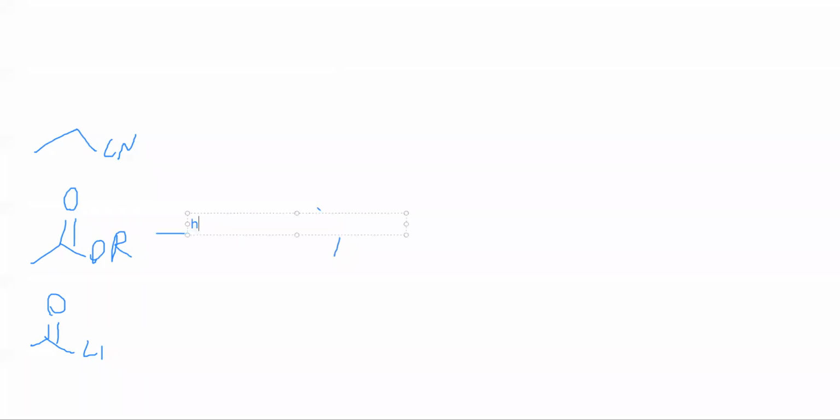If you add water with either an acid or a base catalyst, they're going to turn into a carboxylic acid because they're carboxylic acid derivatives. They're all going to react the same way. So that's just another way to synthesize carboxylic acids.